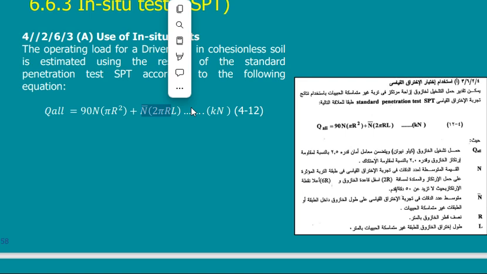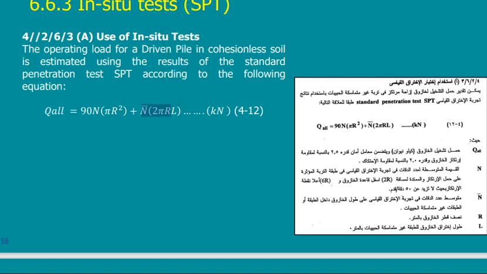Okay, it's a little bit confusing, but you have to understand. There is a difference between the effect of the type of installation of the pile, or the type of construction of the pile, and the effect of the factor of safety on end bearing and friction.